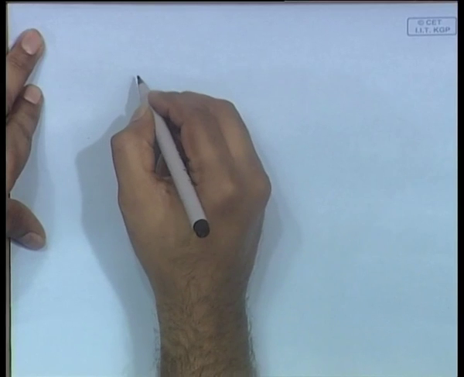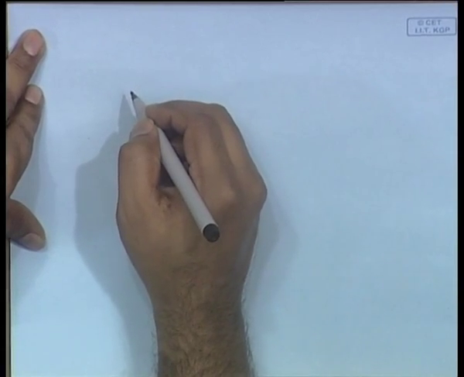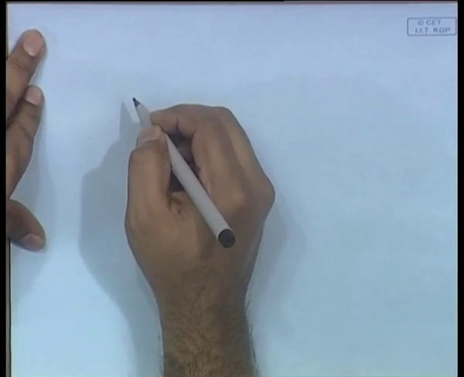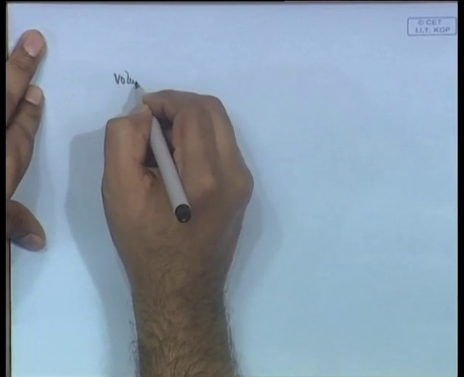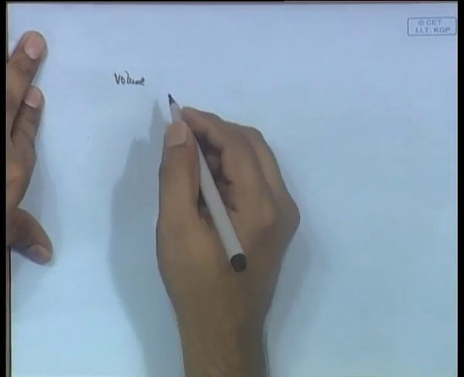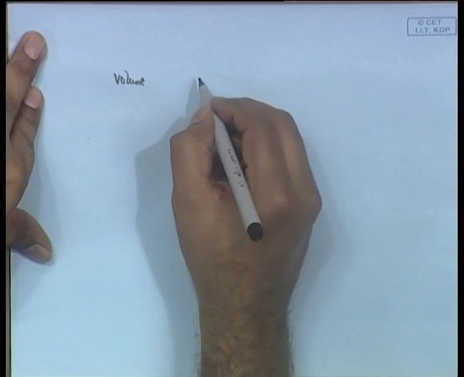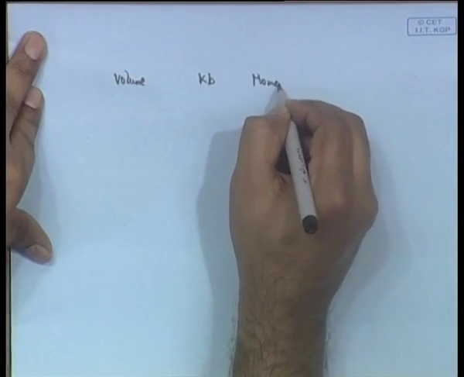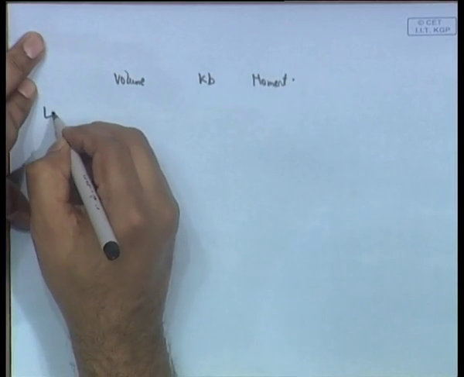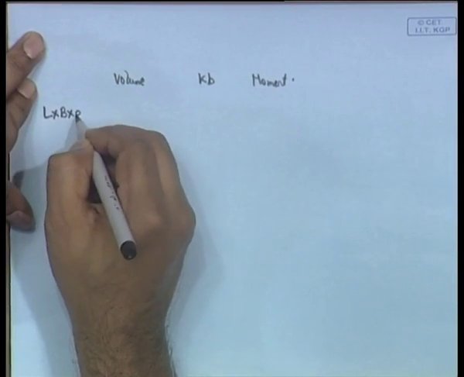That is, the first one is to find the volume of the ship. Therefore, volume, KB and moment, if you write like this, L into B into dB.